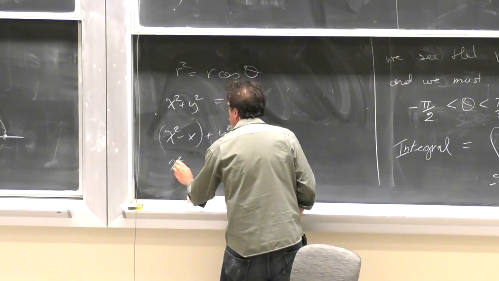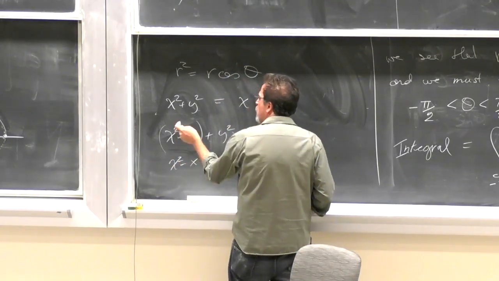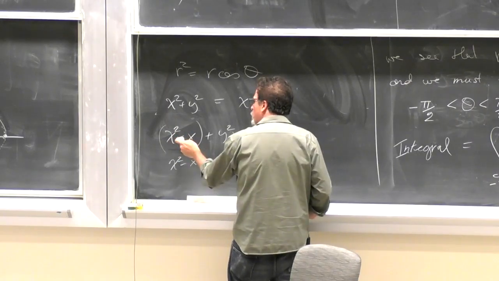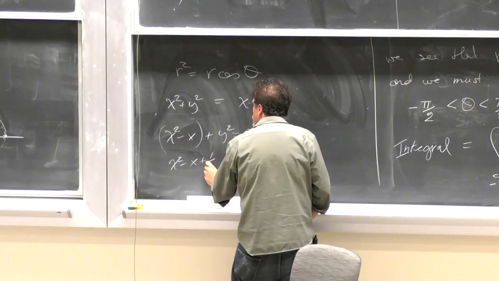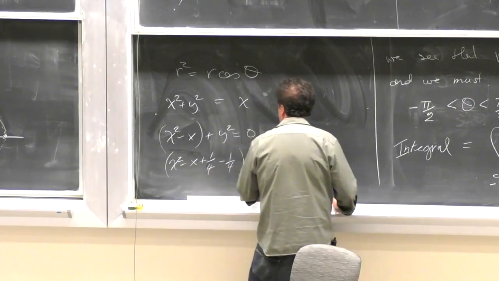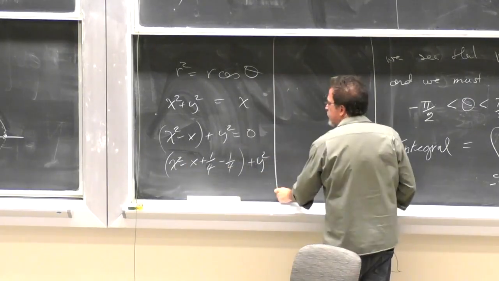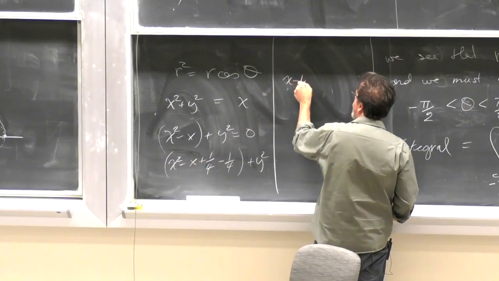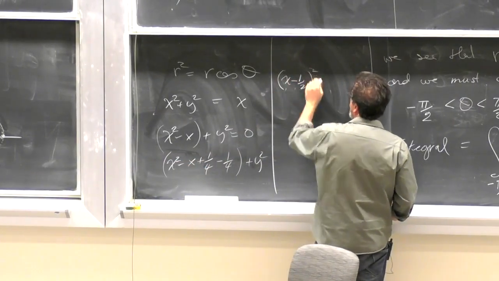So this is going to be x squared minus x. To complete the square, you add half the coefficient of the linear term quantity squared. That's 1/2 quantity squared, and subtract 1/2 quantity squared. That's 1/4. This thing is a perfect square. This is x minus 1/2 quantity squared.